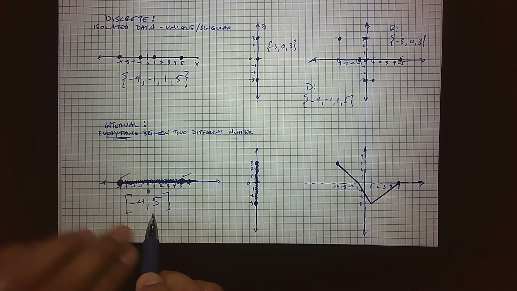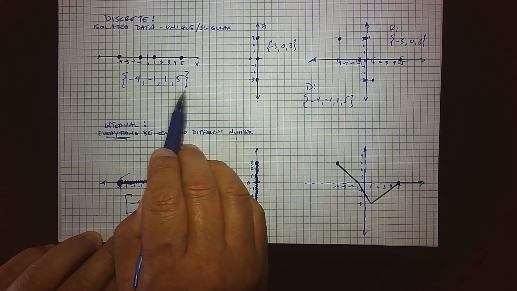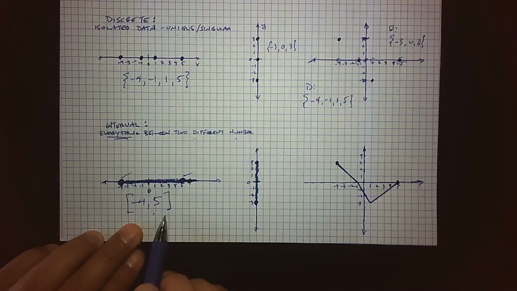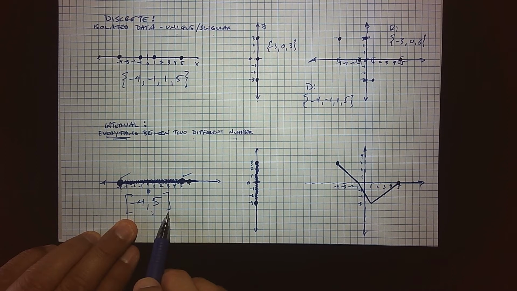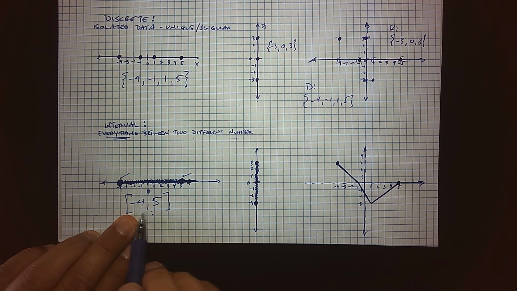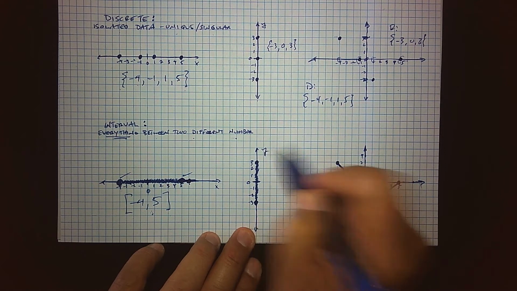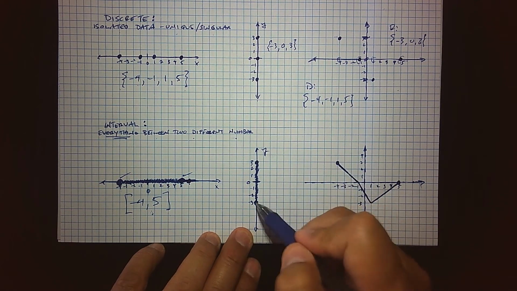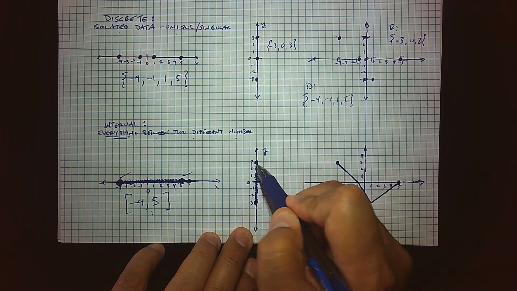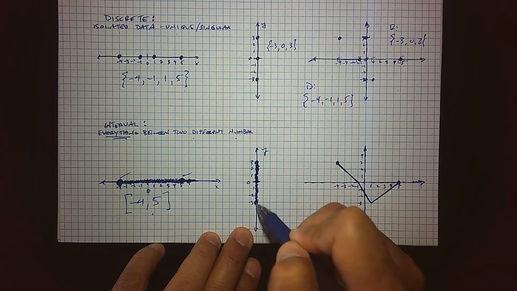Notice we're not using the curly brackets with this type of notation, which indicates I have an interval. We're talking about the numbers -4 and 5, we're including those, and then every single number you can possibly think of in between. Same thing along the y-axis. Again, we have -3 and 3, but because I shaded everything, we're talking about everything in between.